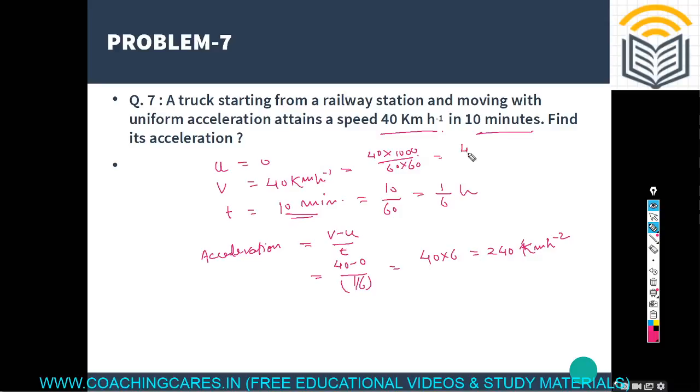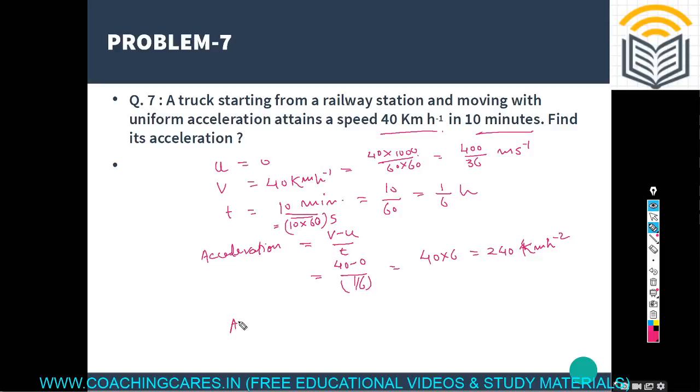So that will be equal to 400 divided by 36 meter per second. And like this we can convert 10 minutes into seconds. That will be 10 into 60, in seconds.